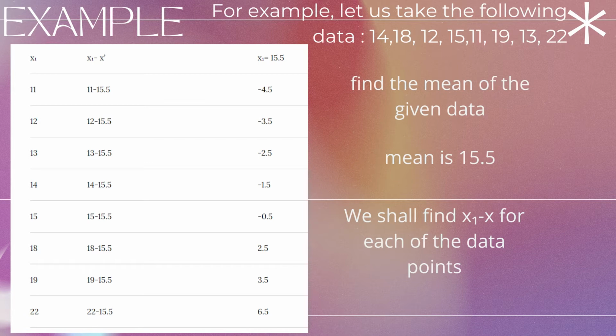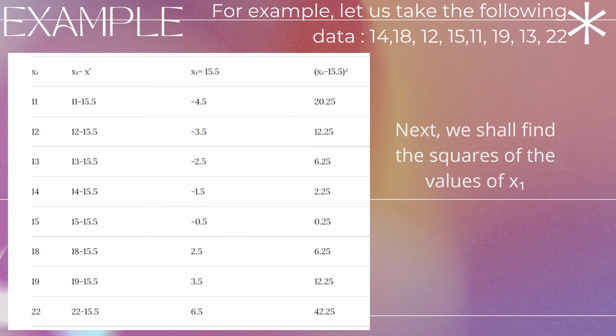The answer is negative 4.5. You do the same for all the given data up to the highest data. The next step, since we already have the difference between our given x and the mean, is to square those differences.